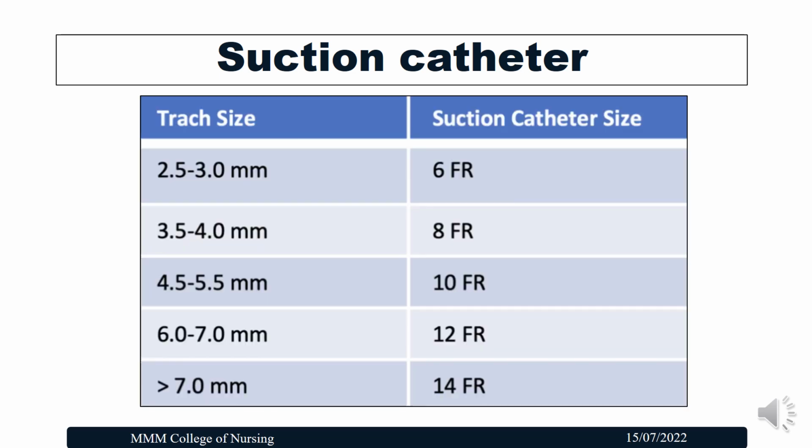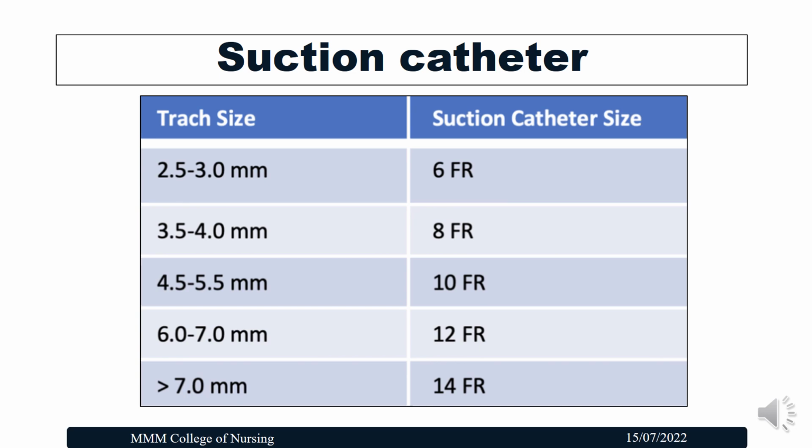When we compare with the tracheal size, how can we identify the suction catheter? If the tracheal size is between 2.5 to 3 millimeter, we can use a 6 French suction catheter. If the tracheal size is between 3.5 to 4 millimeter, an 8 French suction catheter can be used. If it is between 4.5 to 5.5 millimeter, a 10 French catheter can be used.